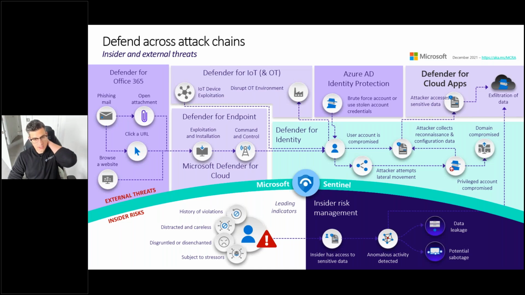Also in the E5 tooling, we have Azure AD Identity Protection. So this is some clever machine learning where we're looking at risky sign-ins and indicators of unusual behavior in our user accounts, and we can surface those to the SOC.